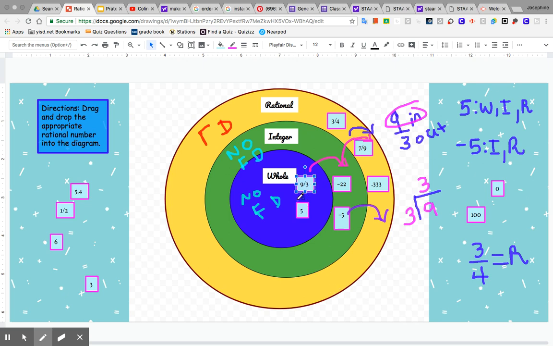From the inside out, see how my arrows are pointing outward? 9/3 is whole, but also integer, but also rational. Integers, such as negative 5, if you read it from the inside out, going outward, it's also rational. But I cannot go backwards. Negative 5 is not whole. It only goes outward. You read it outward.